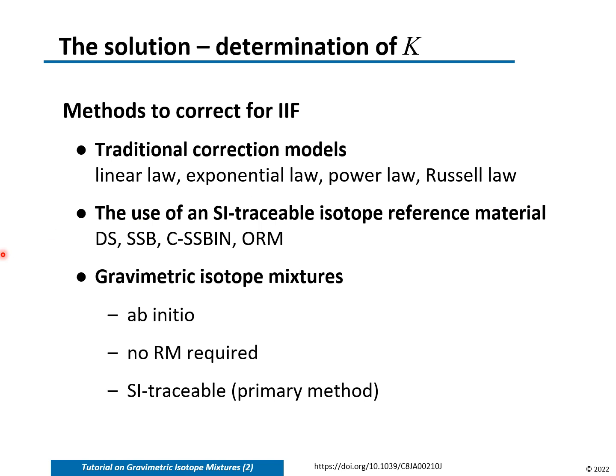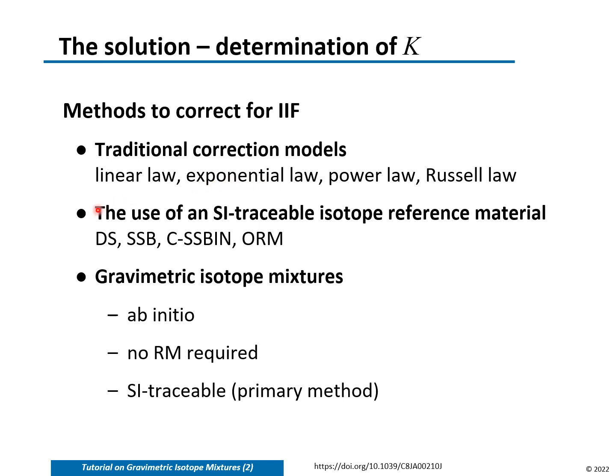The determination of the K factor can be done in several ways. Firstly, there are more traditional correction models from the TIMS time, like the linear, exponential, the power, or the Russell law. These models work more like approximations, and in the end, they do not yield SI traceable isotope ratios in most cases.